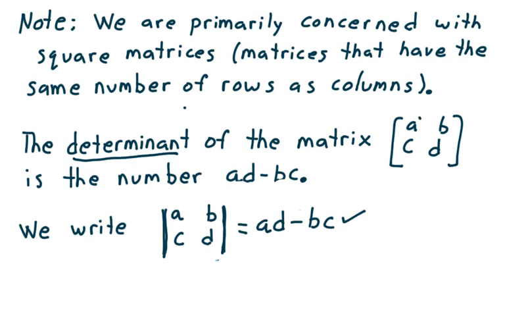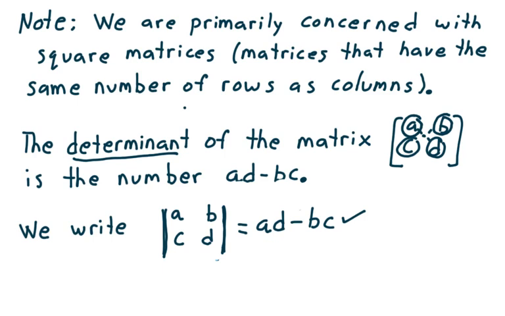We take the entries along the main diagonal and multiply them, and then we subtract the product of the entries along the other diagonal. That's where I'm getting AD minus BC from.